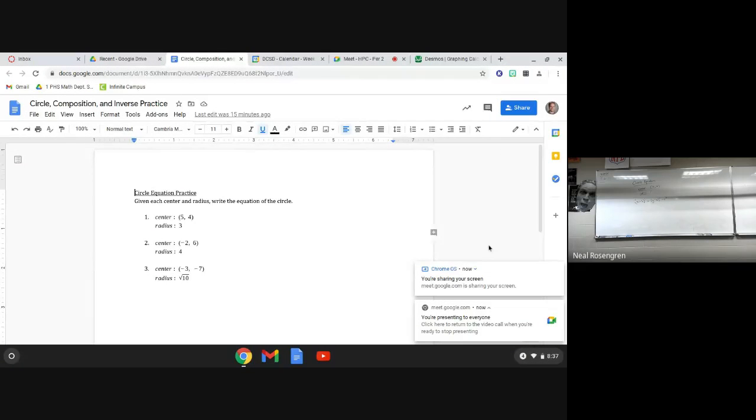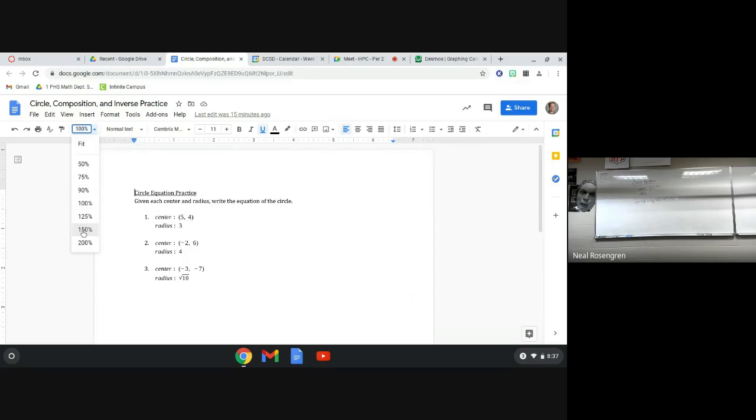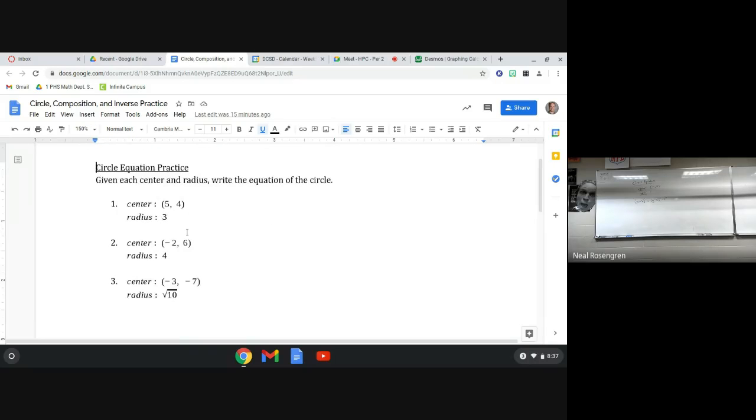Try these 3. Given each center and radius, see if you can write the equation of the circle using that setup.